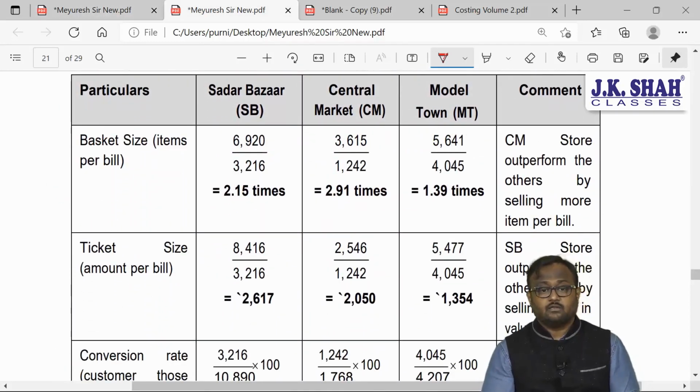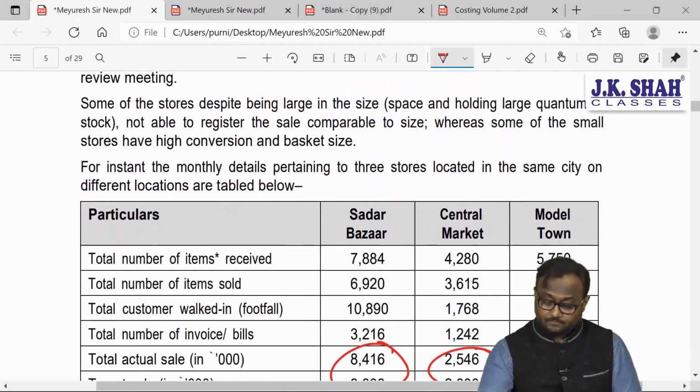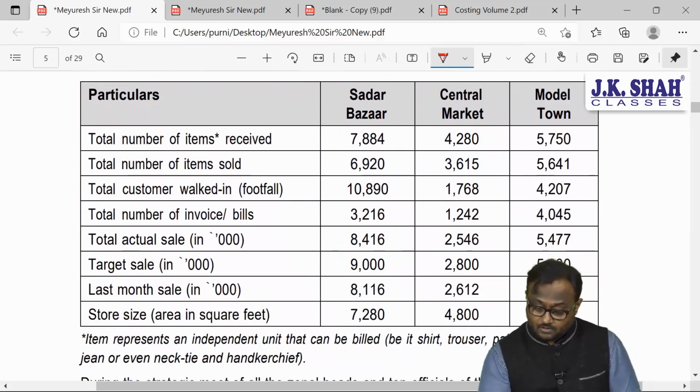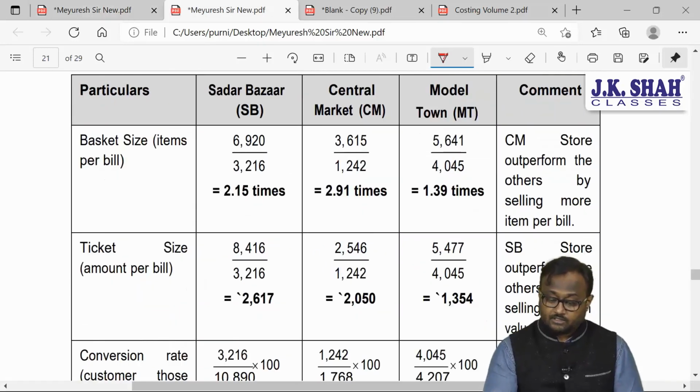This is what we have done, the comparison. Basket size is 2.15 times. 6920 on 3216 bills.